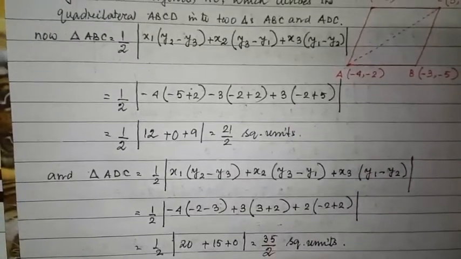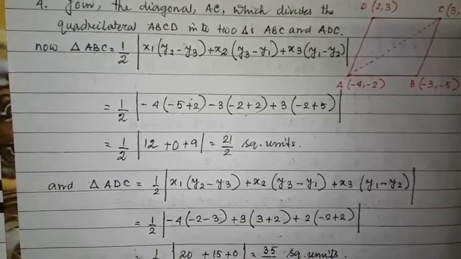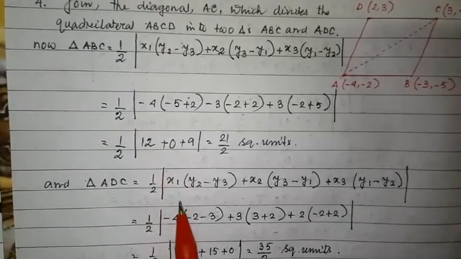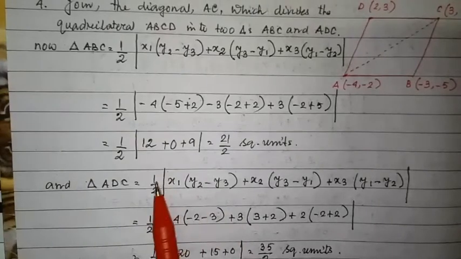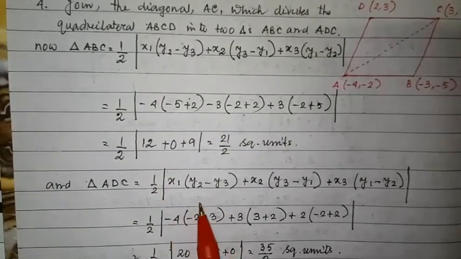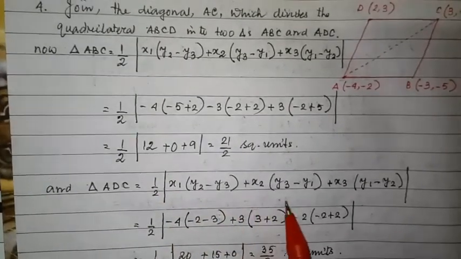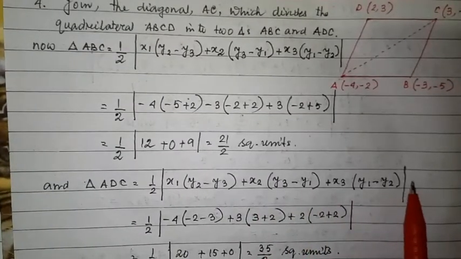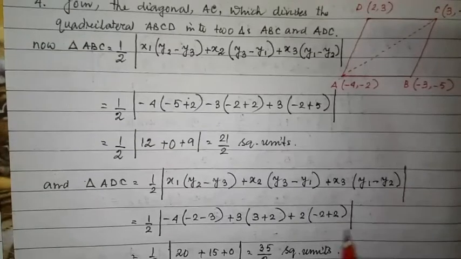Now area of triangle ADC. Again let us write down the formula to find out the area of the triangle. Half modulus x1 (y2 minus y3) plus x2 (y3 minus y1) plus x3 (y1 minus y2), modulus.